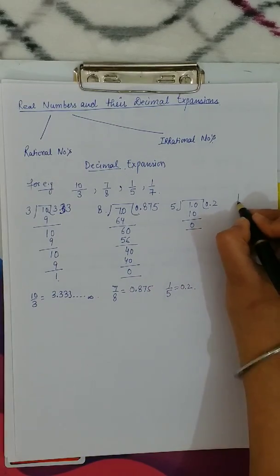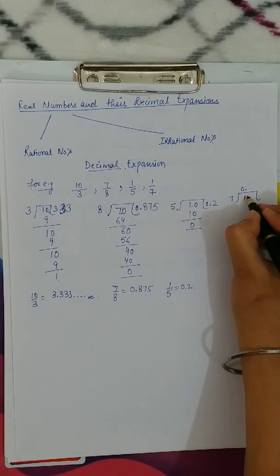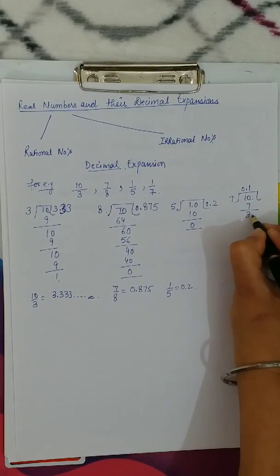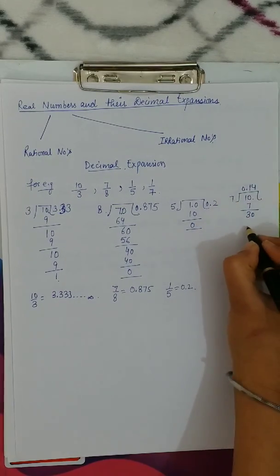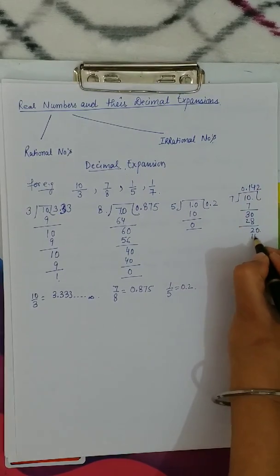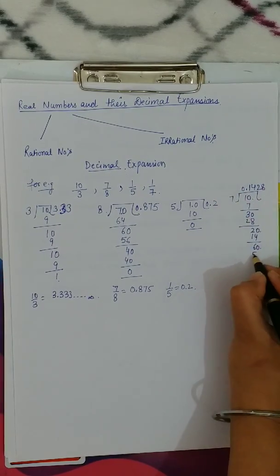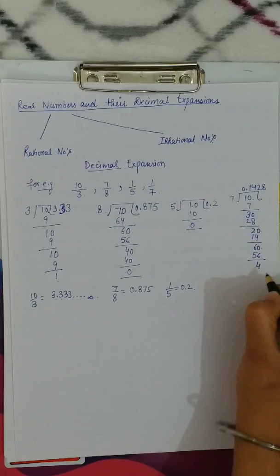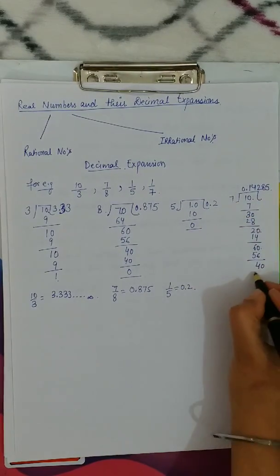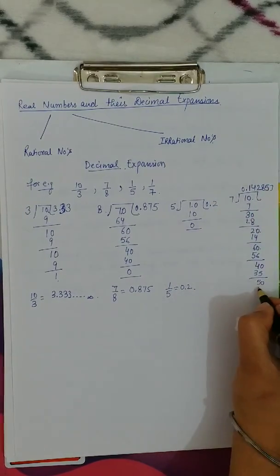Now if we take the decimal expansion of 1 by 7. Decimal 10. 7 1s are 7. Remainder is 3. 7 4s are 28. Remainder is 2. 7 2s are 14. Remainder is 6. 7 8s are 56. Remainder is 4. 7 5s are 35. Remainder is 5. 7 7s are 49.